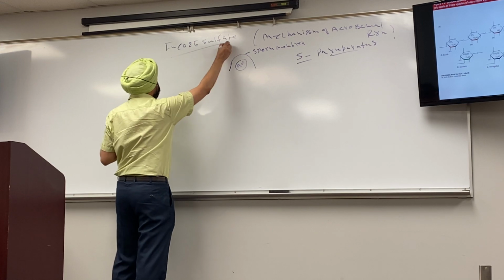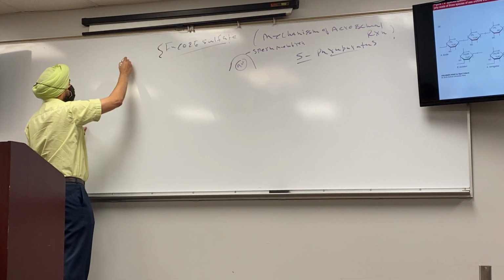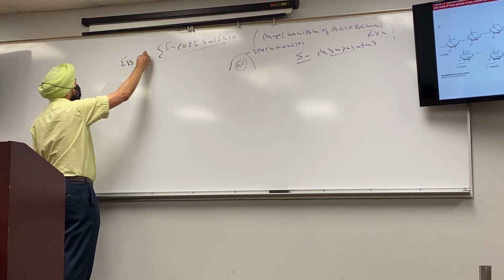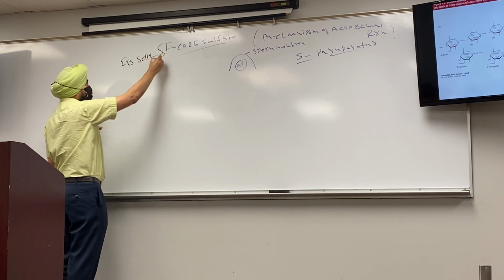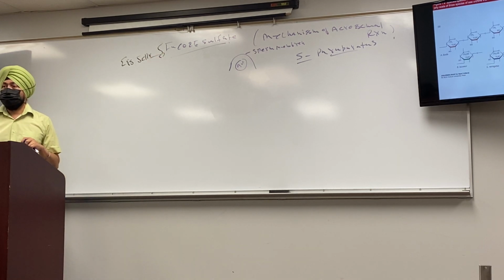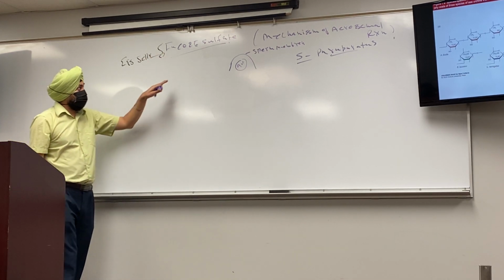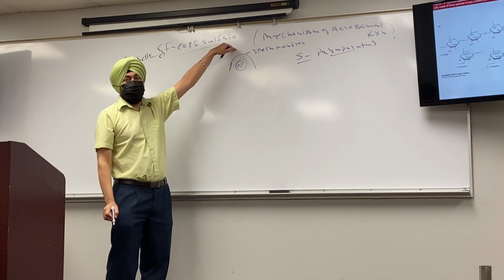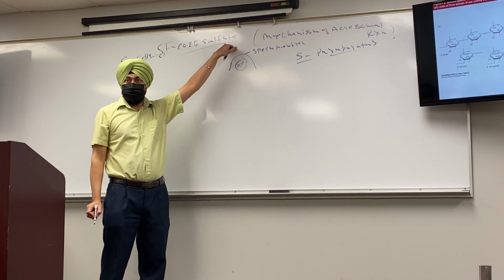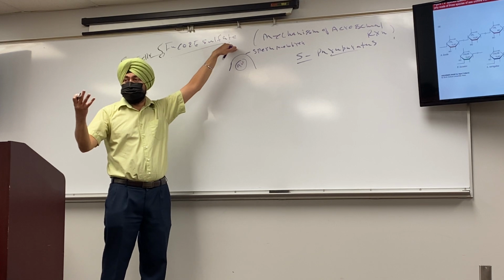Now fucose sulfate is in the egg jelly. So egg jelly is secreting fucose sulfate. Okay. And fucose sulfate should come and bind to the sperm, right? So there should be some sort of receptors.